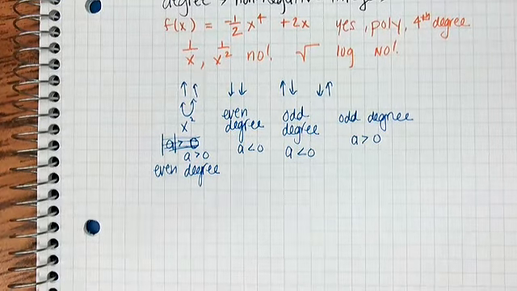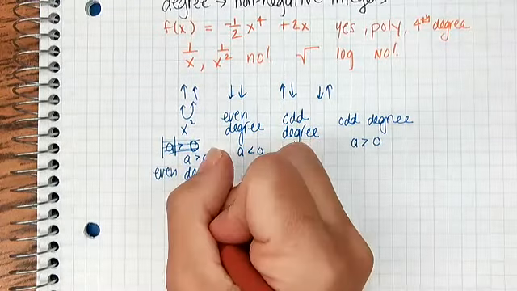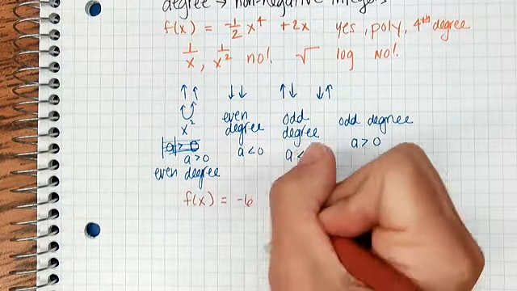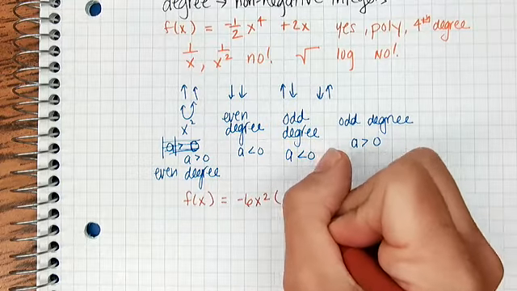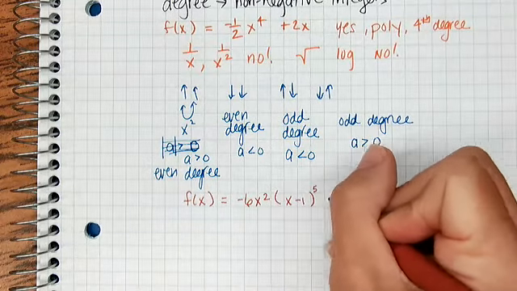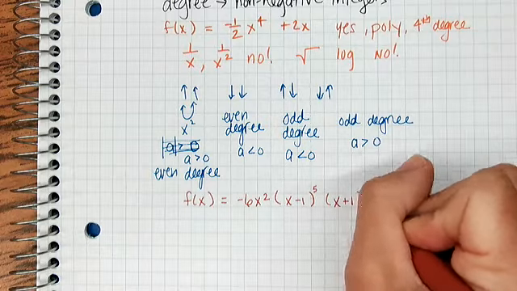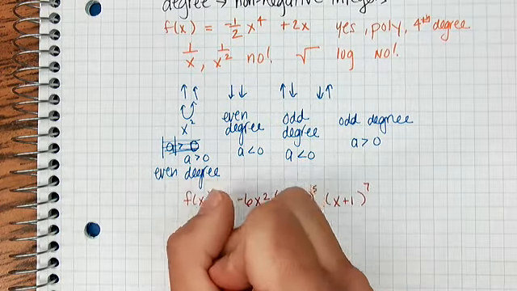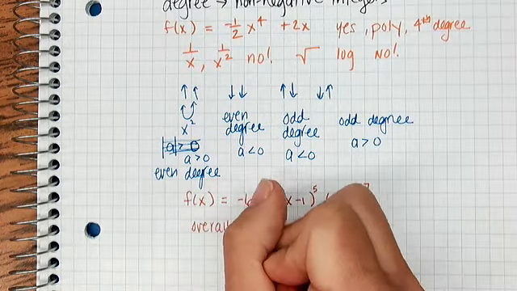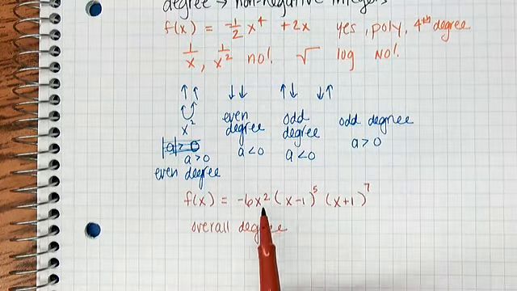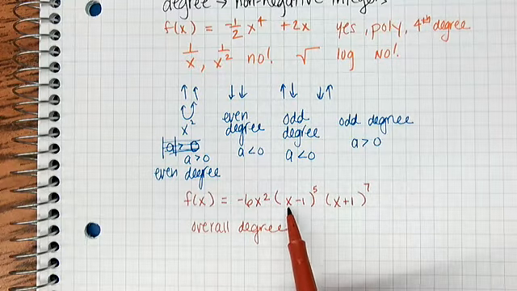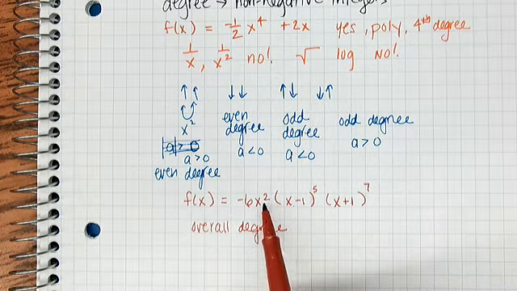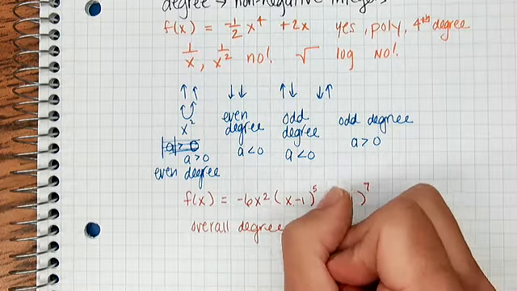So if you have something like f of x equals negative 6x squared times the quantity x minus 1 to the 5th times the quantity x plus 1 to the 7th, the overall degree of this polynomial would be 2 plus 5 plus 7, which is 14.